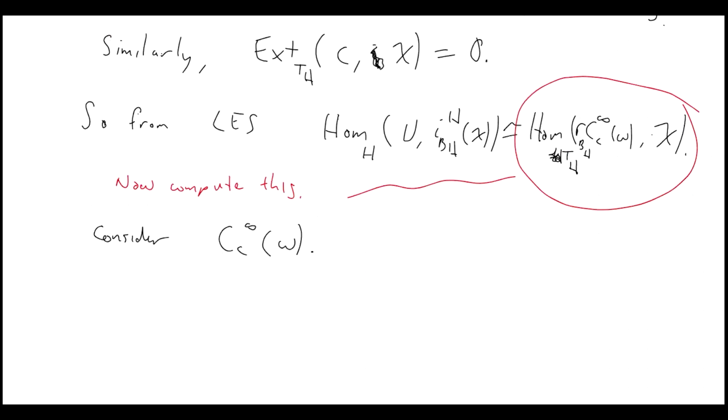We want to take the coinvariance. Let me forget the normalization for the moment. We just want to compute the UH coinvariance. This is the unipotent radical of B. There are some standard techniques for computing coinvariance of these spaces of functions. Maybe let me just state this, and if you'd like to hear more, I can give you a reference after.